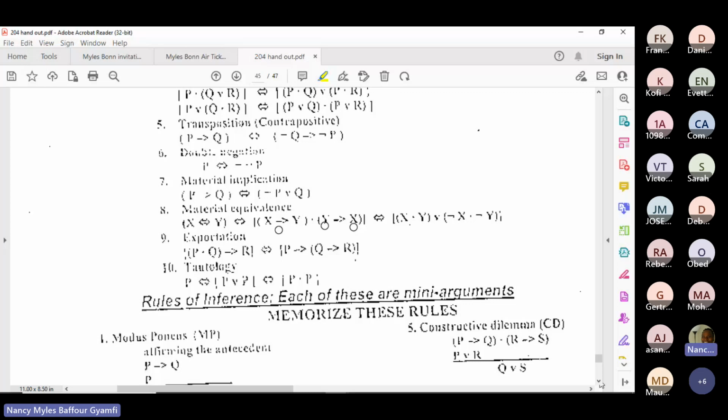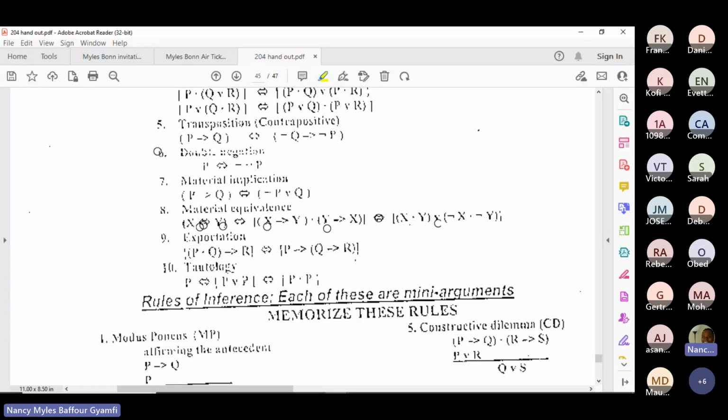It could also mean the one that I asked, Madam: X conjunction Y, or not X conjunction not Y. See that here it is a disjunction, whilst here is conjunction. Different ways of stating material equivalence. There are three ways of saying the same thing. If I have P biconditional Q, it can mean this, it can also mean that, in expanded form. You can rewrite it as a conjunction and also as a disjunction. Do a true and false of this.